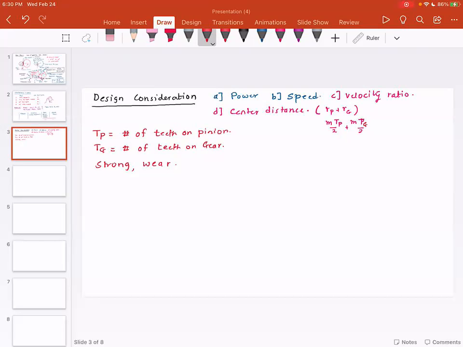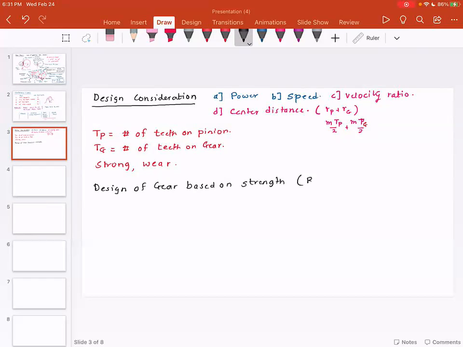Now, let's talk about the design of gear based on the strength criteria. Design of gear based on strength.